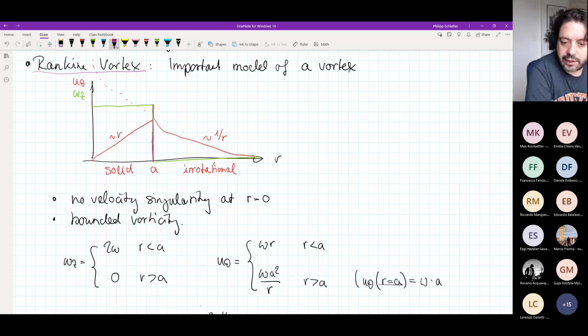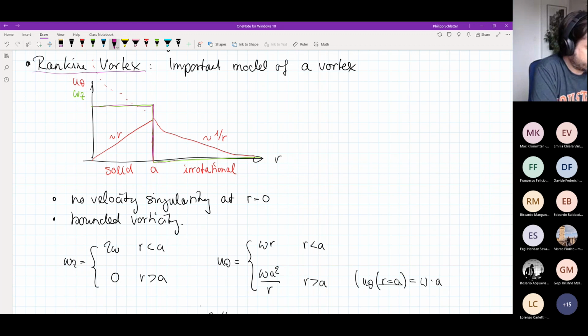You're given the length A, or the radius A. Inside this radius A, you have a solid body rotation, so you have a vortex that is characterized by having a constant vorticity inside, and then the vorticity outside would drop to zero.